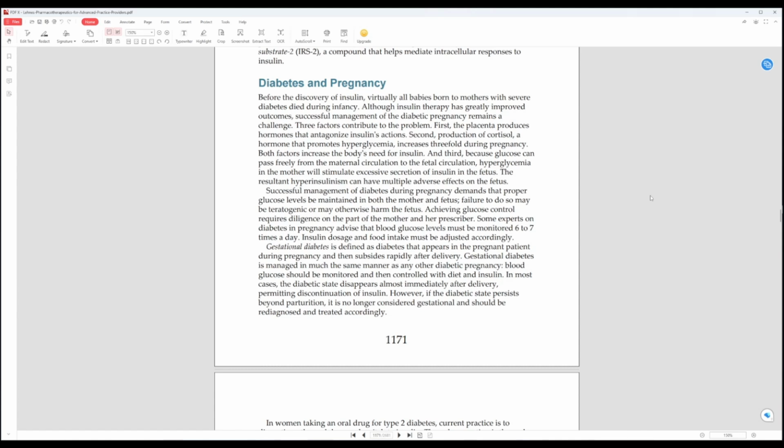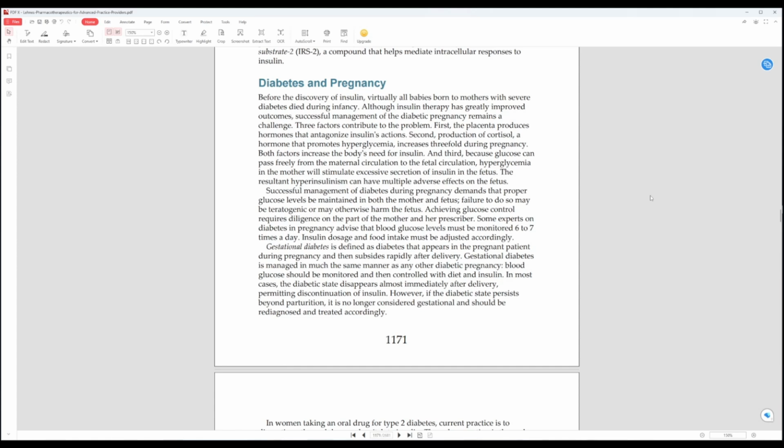Failure to do so may be teratogenic and may otherwise harm the fetus. Achieving glucose control requires diligence on the part of the mother and her prescriber. Some experts on diabetes and pregnancy advise that glucose levels must be monitored 6 to 7 times a day. Insulin dosage and food intake must be adjusted accordingly.